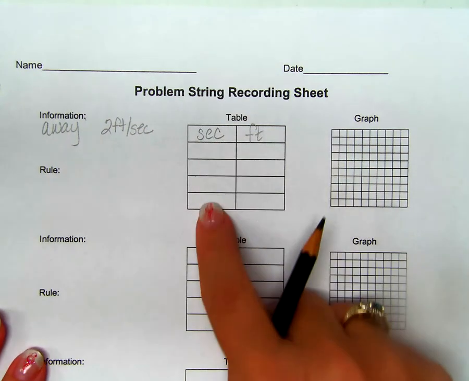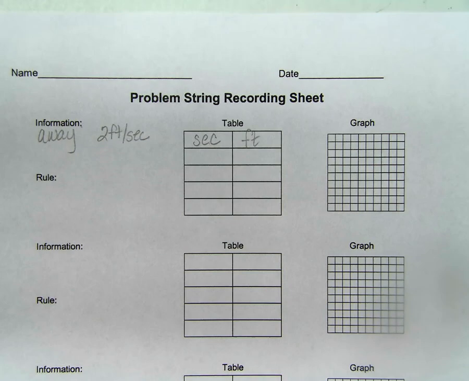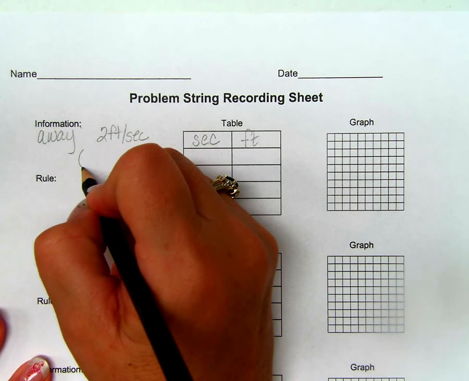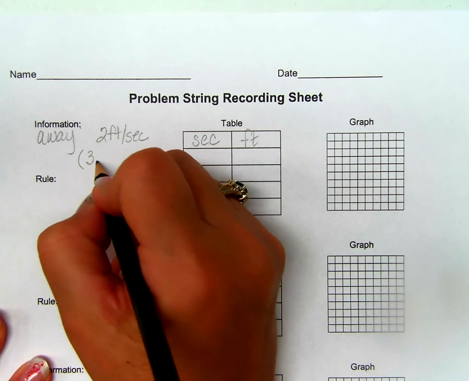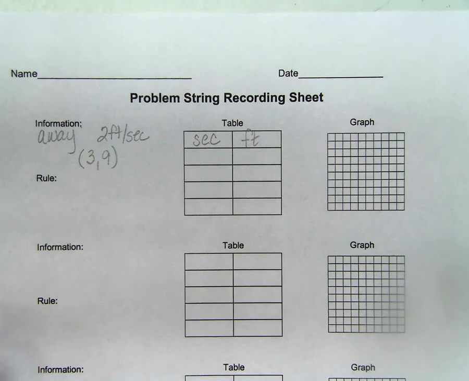So my x values in my table are going to be seconds, and my y values in my table are going to be feet. Does that give you any sort of hint about how I should write that information? About the 9 feet and the 3 seconds? That's closer. It's a point, isn't it? It's a point.